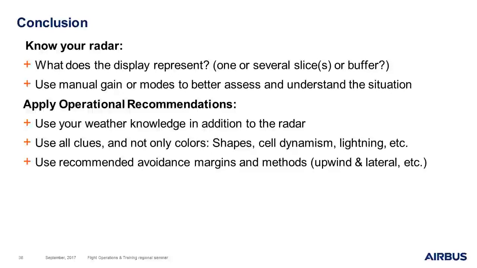You know how the weather becomes if it is in summer or winter, if it is hot or cold in such areas. Use all clues and not only colors: shapes, cell dynamism, lightning, etc. Use recommended avoidance margins and methods, upwind and lateral deviation, for example.